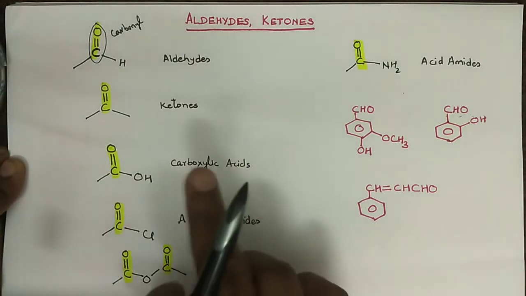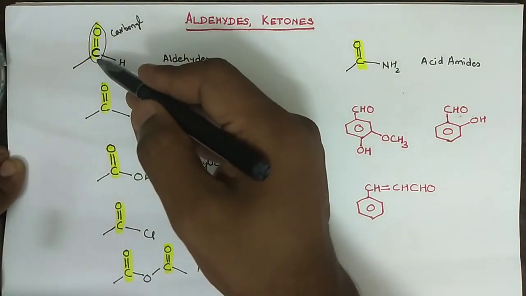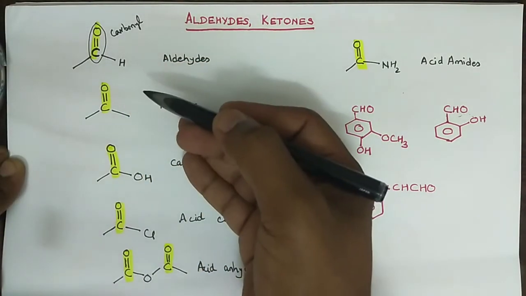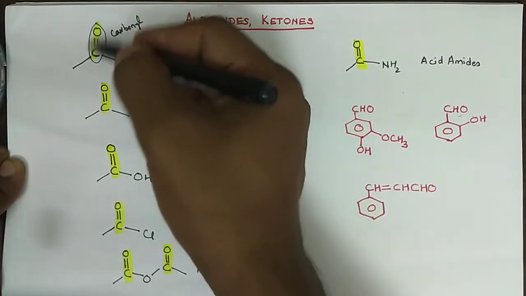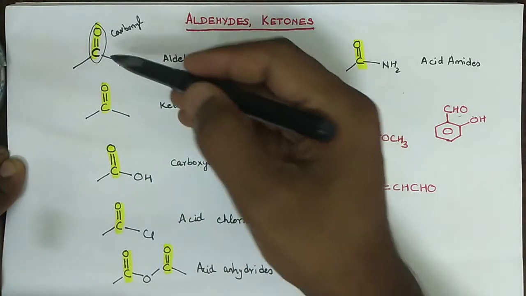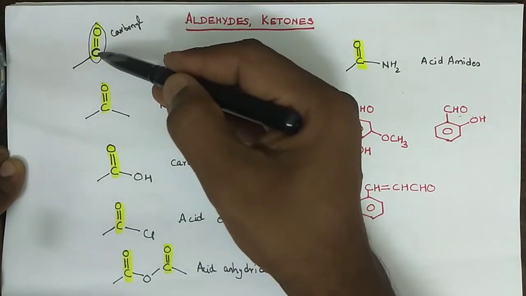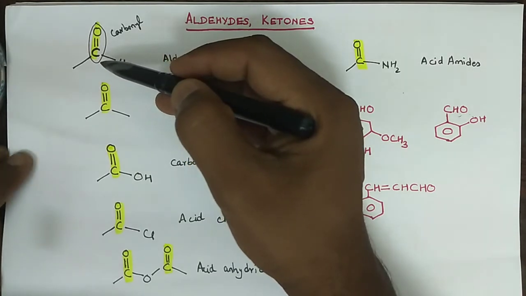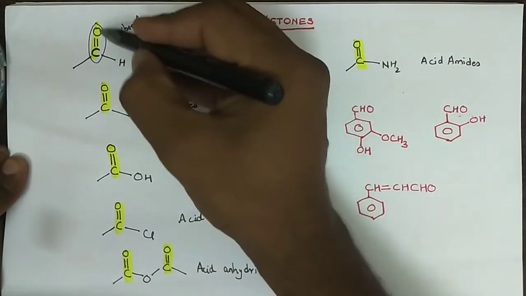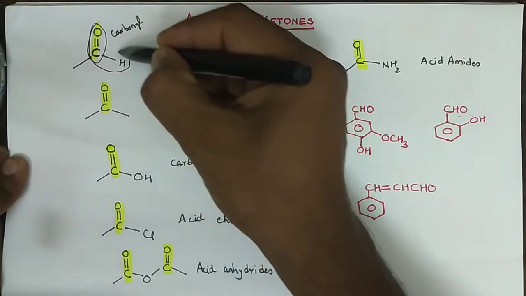And if we have this carbonyl group present at the end of the carbon chain, and only this group, right? Why am I saying at the end of the carbon chain? Because carbon has just one valency left here.